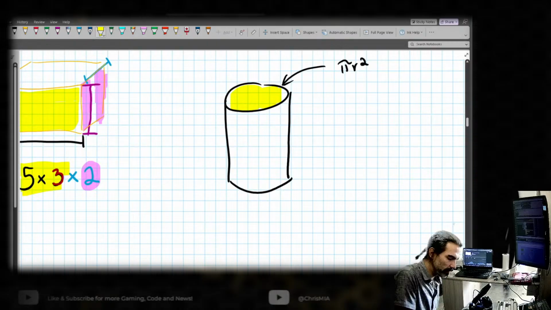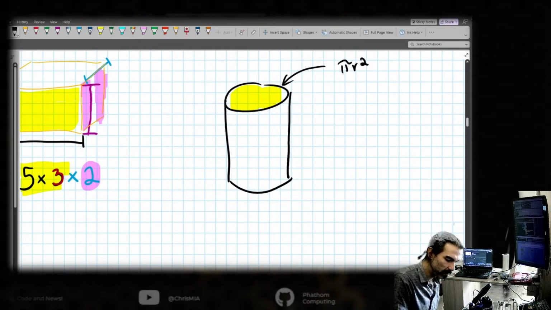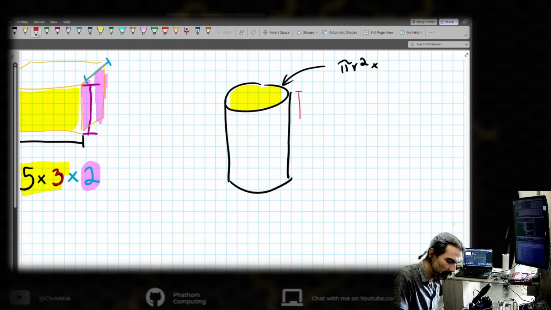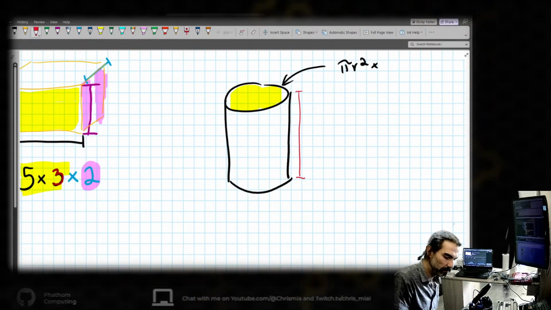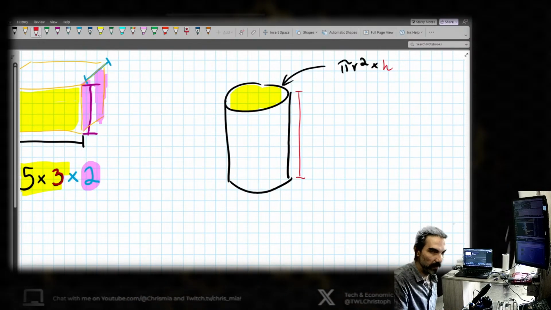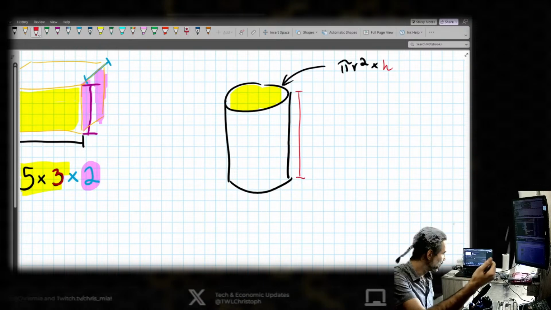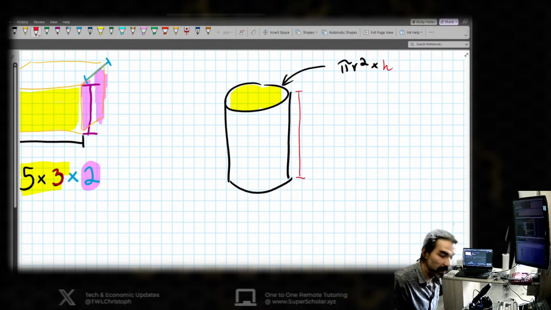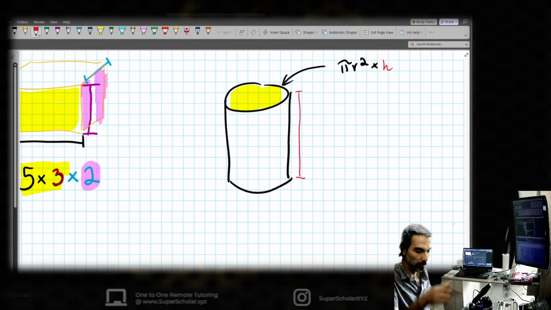And what if we wanted to find the rest of that third dimensional space? Well, we just multiply it by where that space is stretching. And it's stretching on an up and down movement, our h, our height. So the area for the top of that cylinder is pi r squared because it's a basic circle. And then we stretch it down to create that third dimensional movement, or that cup that you can put water in now.